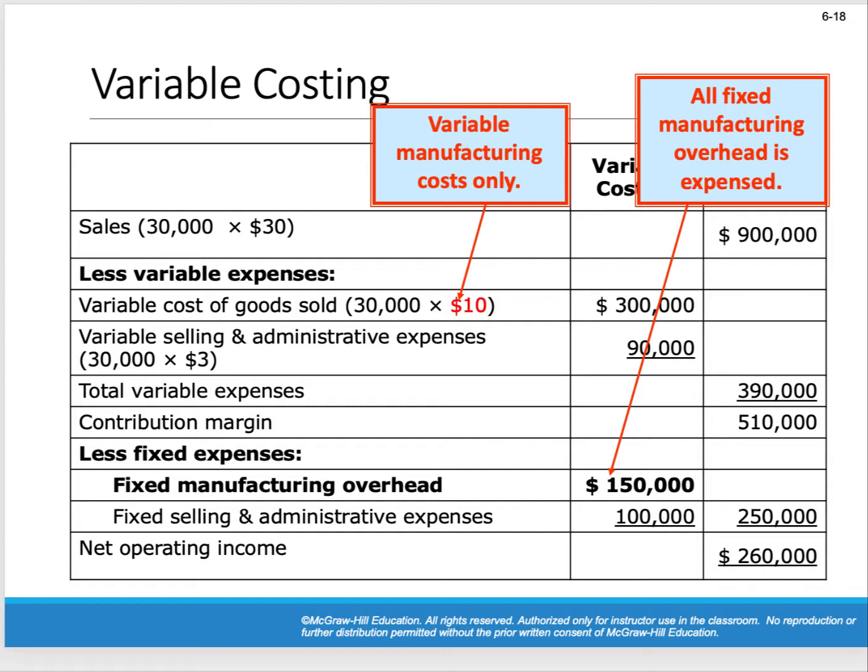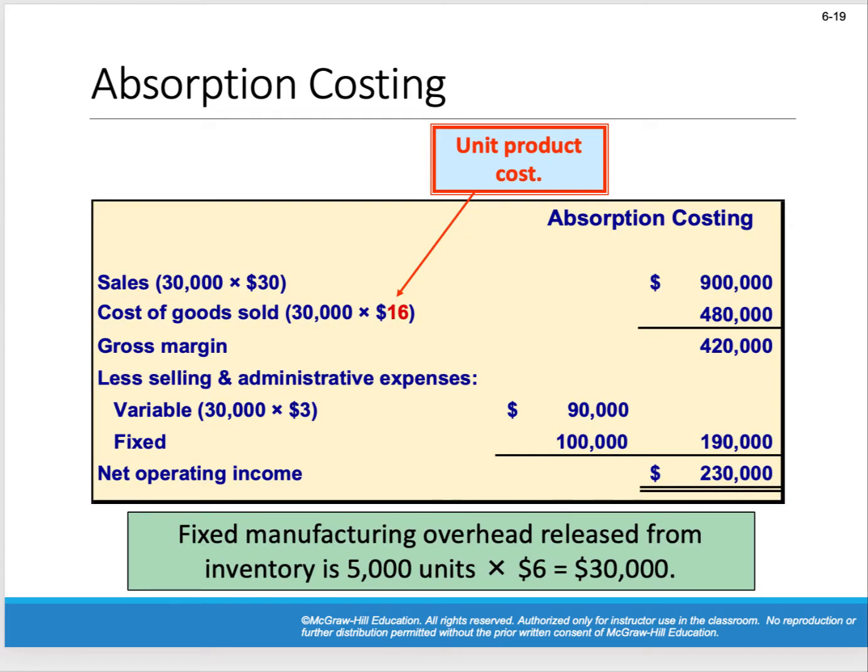Well, wait a minute, what's going on here? Previously, we found out that absorption costing had a higher net operating income. Now you're telling me it has a lower net operating income? How is that?